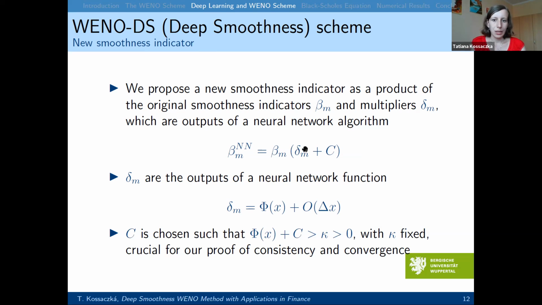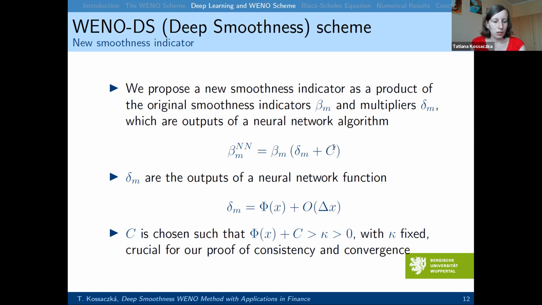And as I said, we multiply these betas with this parameter delta, and this delta is the output of a neural network function. We call this function phi(x), and why is here this O of delta x? I will come to that later, but we just define it like this. And very important is just to realize that these deltas are outputs of a particular neural network function.